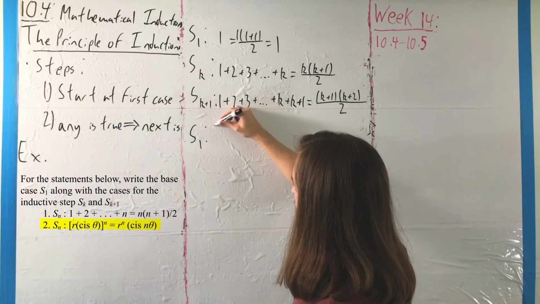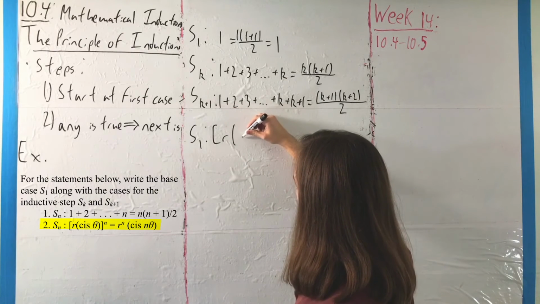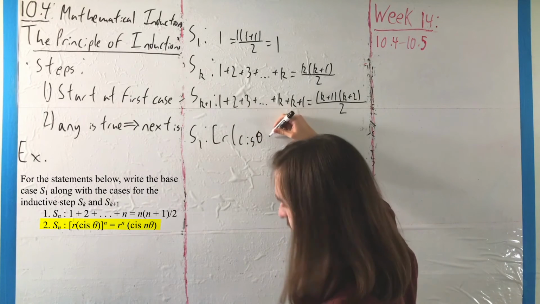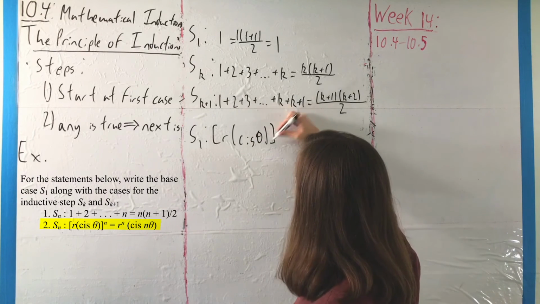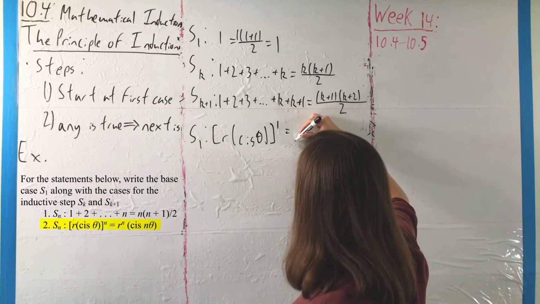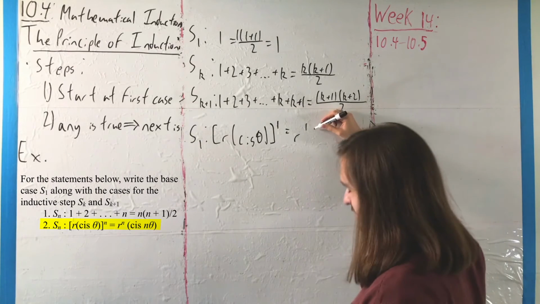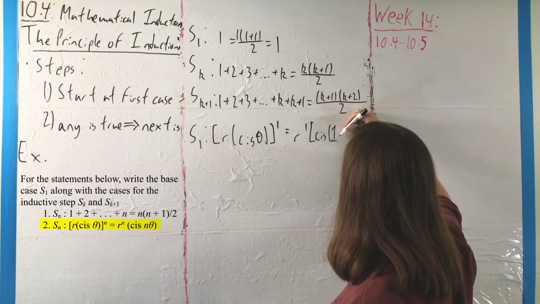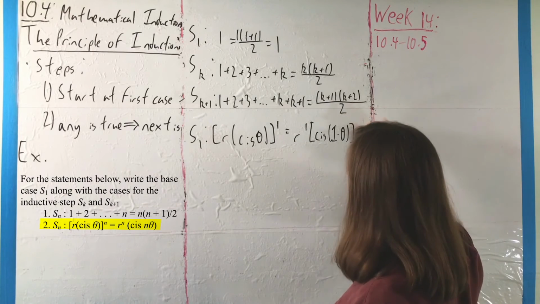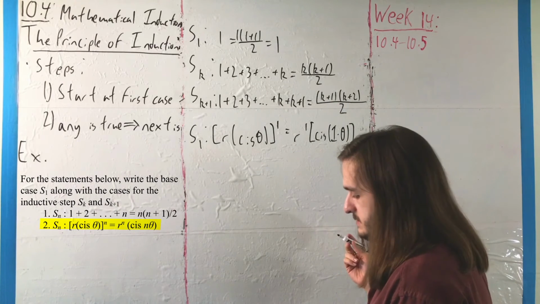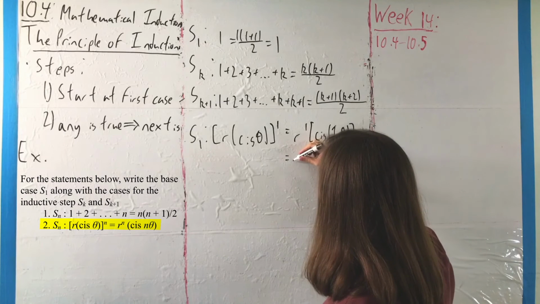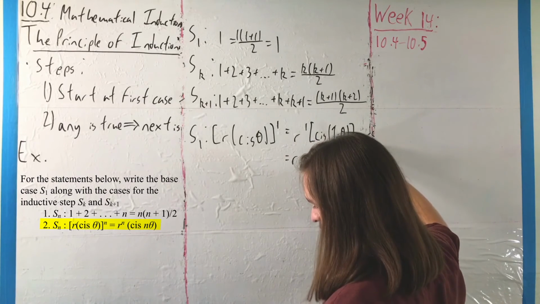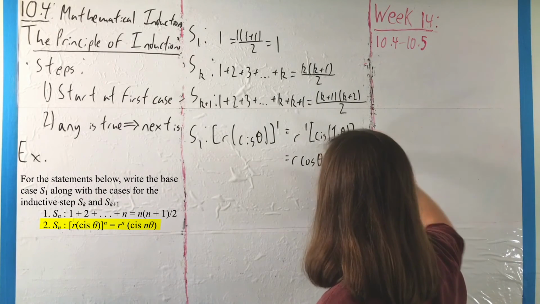Here, that is the statement that r cosine plus i sine, which for the sake of brevity in this case I'm going to write as CIS theta, raised to the power 1 is equal to r to the 1 times CIS of 1 times theta, or if you prefer, and most people would, r cosine plus i sine.